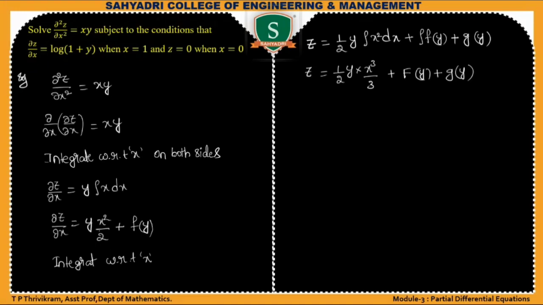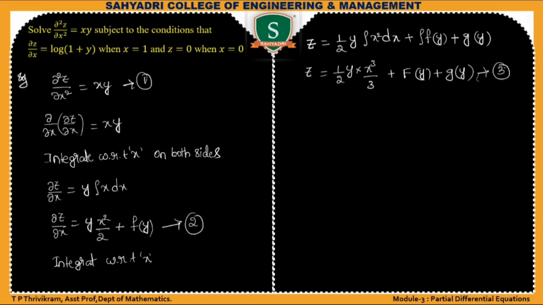Okay, so I am taking the given equation as equation 1 and dou z by dou x, I got this, so I have taken this as equation 2 and this as equation 3.